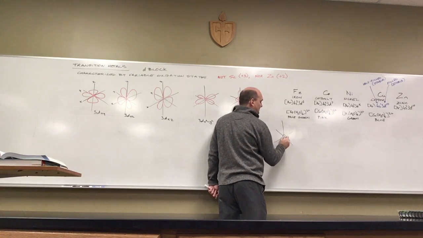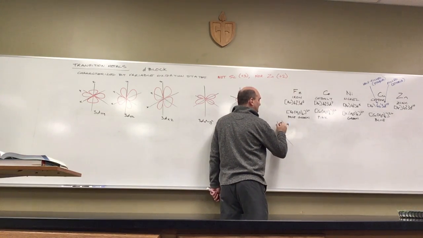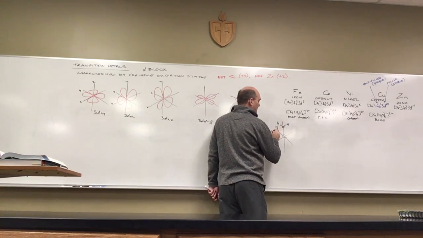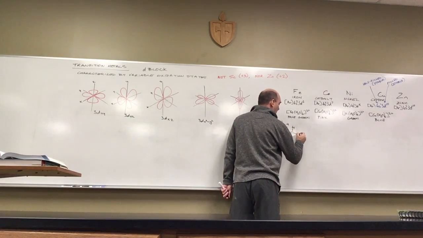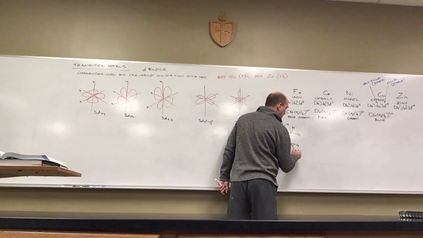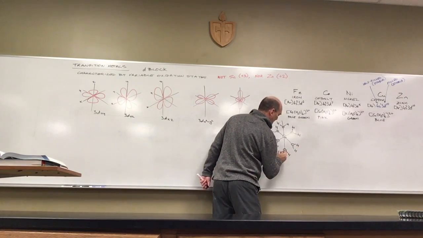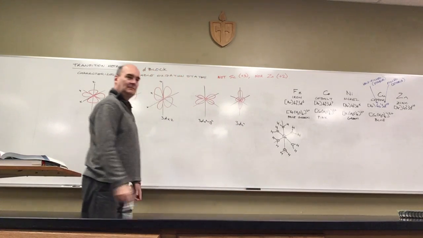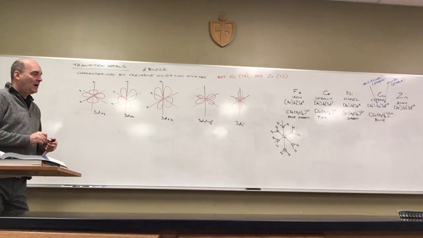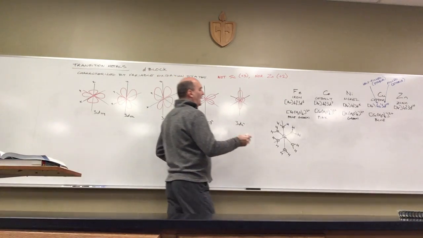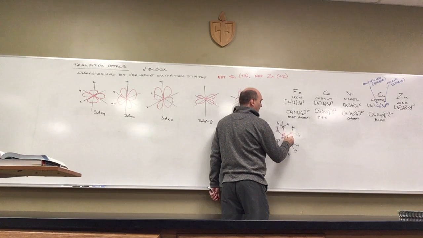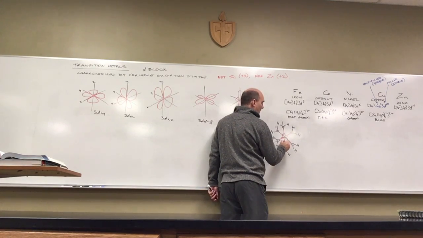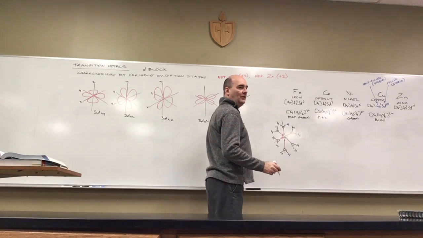Here's a cobalt. It has waters, six of them surrounding that cobalt, and its electrons from the oxygens are all on the axes.